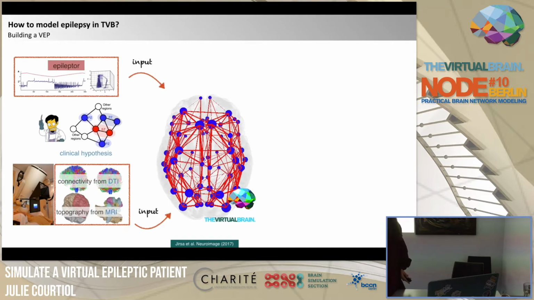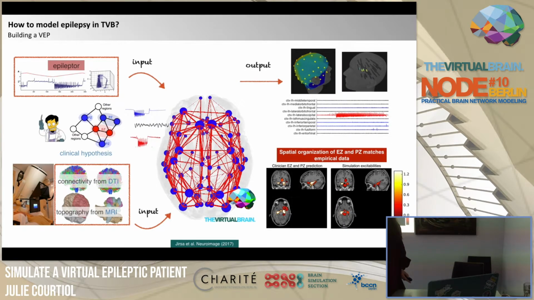So once we have input in TVB these three main components, we can simulate the behavior of the patients. So in TVB, we have the possibility to simulate neuroimaging data, and in particular the SEEG. We have a SEEG monitor inside TVB. And then you can compare your simulations with the clinician prediction.